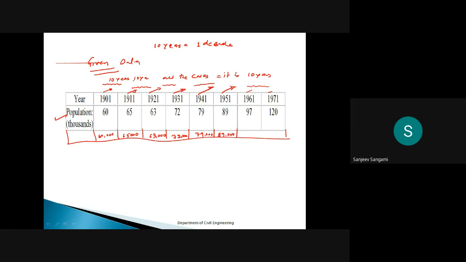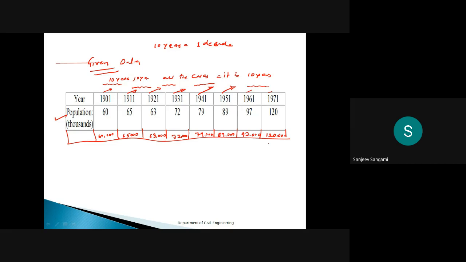Here it will be 89,000. In yesterday's problem they directly gave the numbers, but here the population is given in thousands, so whatever the 60 is, it has to be multiplied by 1000. Then 97,000, and here 1,20,000.